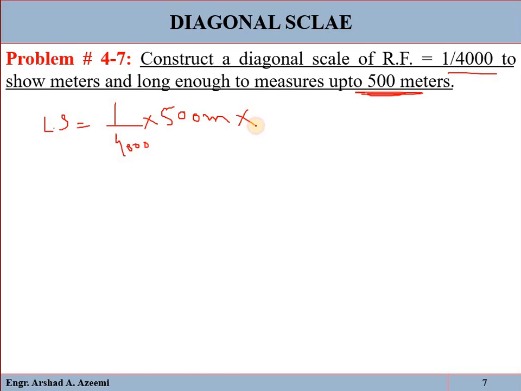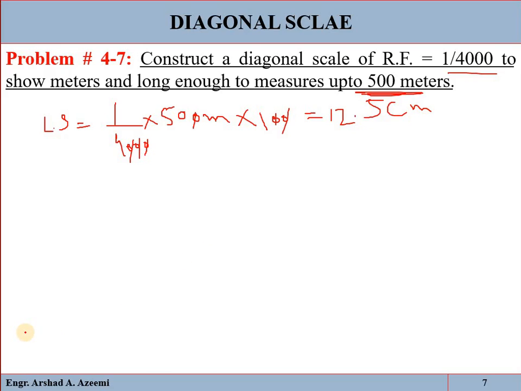Okay, so just multiply it by 100, so it will be converted into centimeters. Zeros will be cancelled, and 50 divided by 4 will be equal to 12.5 centimeter.